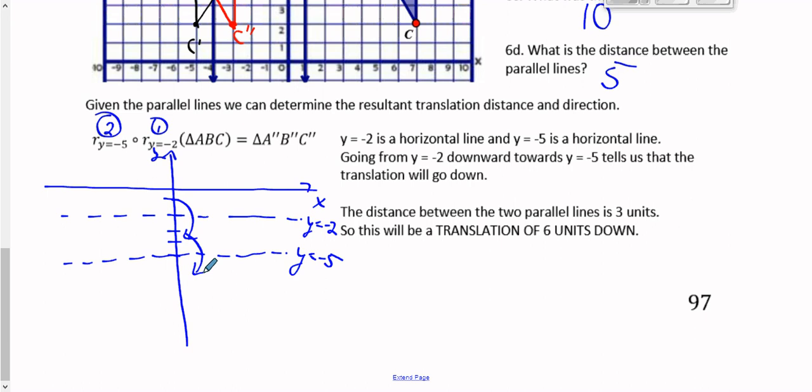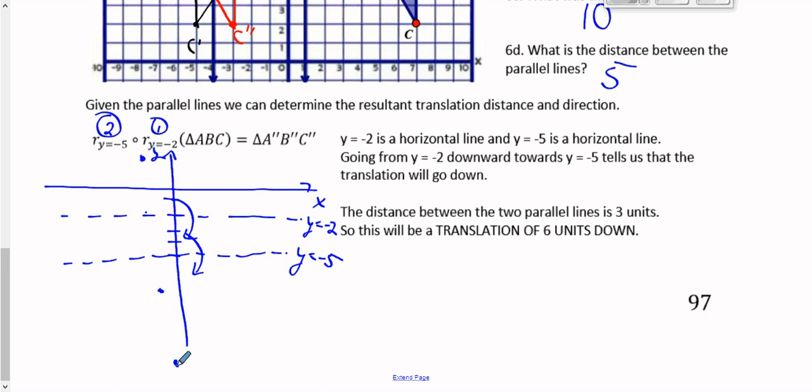That's true. Let me ask you this though. What if the figure we're reflecting starts out here? What if we start there and reflect in -2? It'd be like up here. And then reflect in what? Then reflect in -5. It ends up way down here.